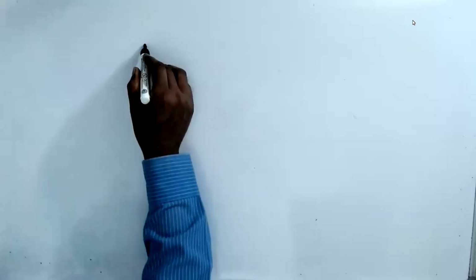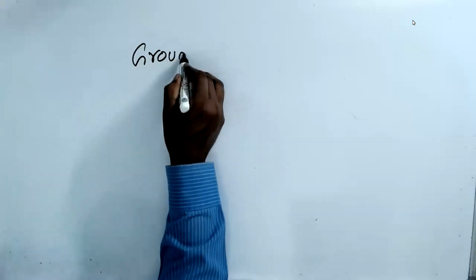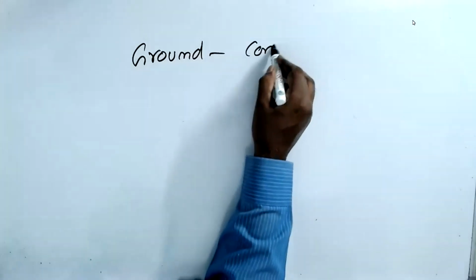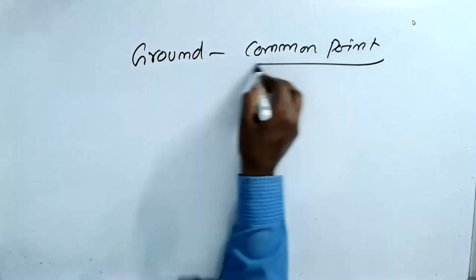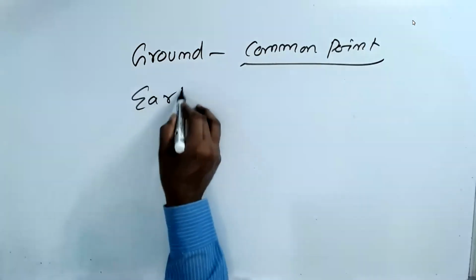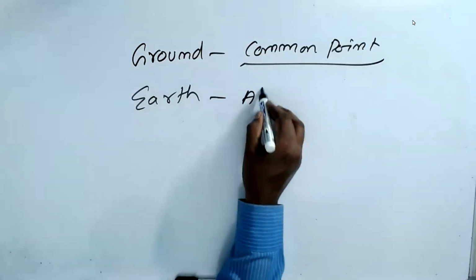Okay. So if you have any doubts, let me know. We have explained most of the things, that is series and parallel circuits, and we discussed all about what is ground, common point, and what is earth, absolute point.